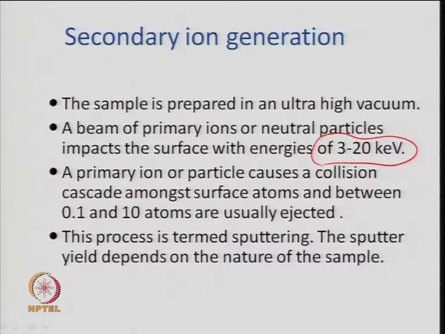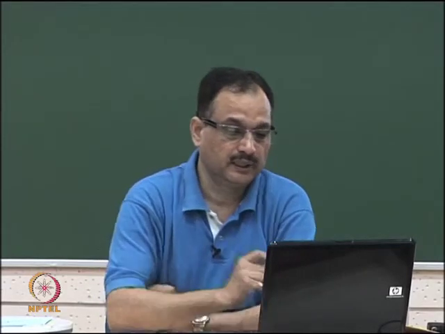Roughly 10% of the atoms are ejected from the surface as secondary ions, because it depends on the type of the surface and the energy of the primary ion. These are kind of back scattered ions which come from the first top layers, the first, second, third layers of atoms, and the process is known as sputtering.